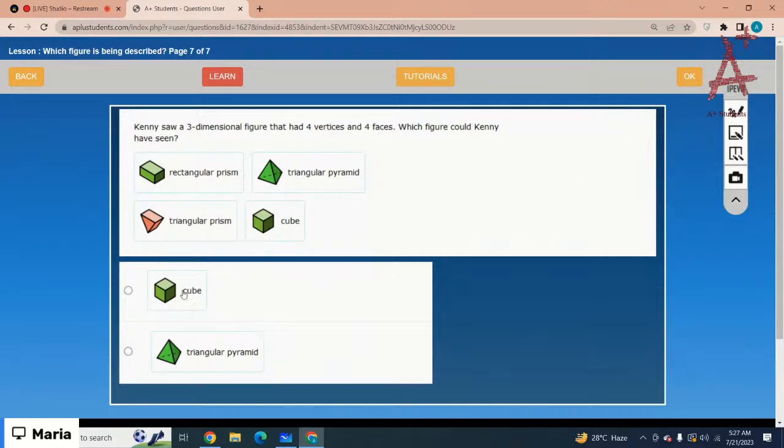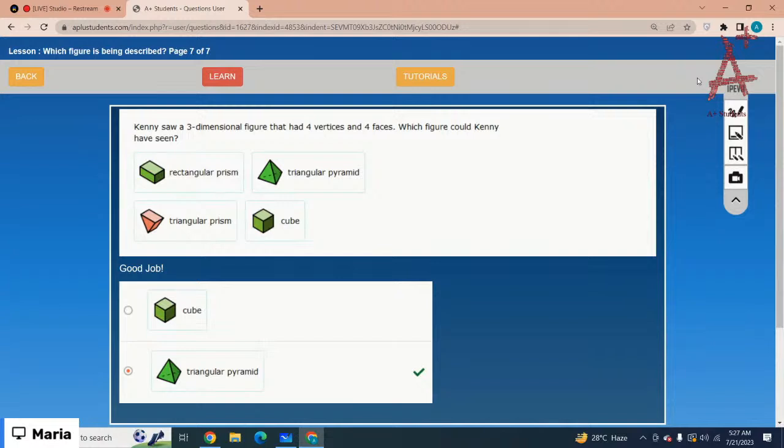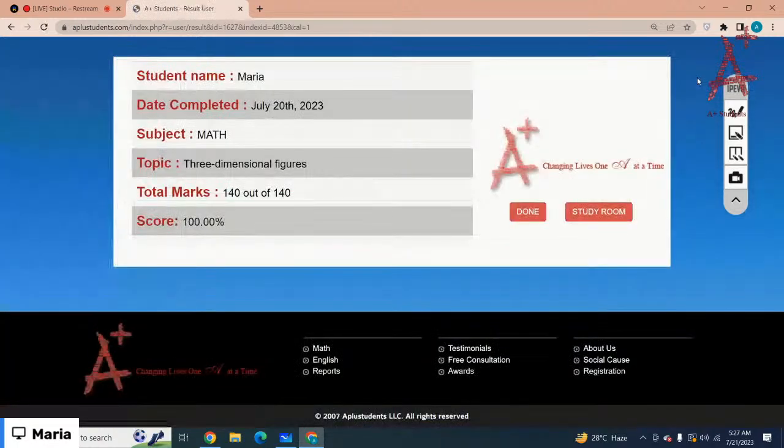The one with four faces and four vertices is the triangular pyramid. Okay, we are done with the lesson. Let's move on to the next lesson.